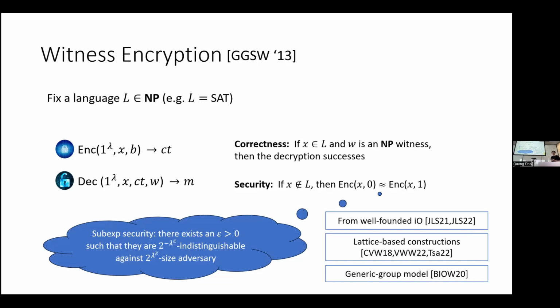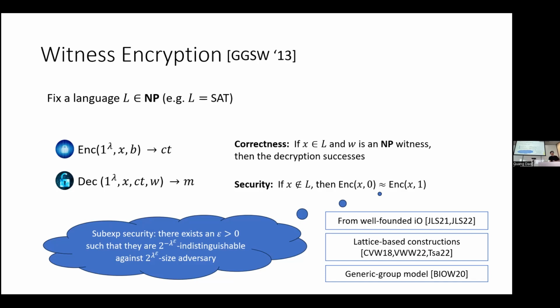I see. So the other two boxes are somewhat non-standard. Non-standard, but it doesn't mean that they are less plausible, because witness encryption also relies on some heavy results. I'm not sure whether you agree, but witness encryption is much weaker than IO.